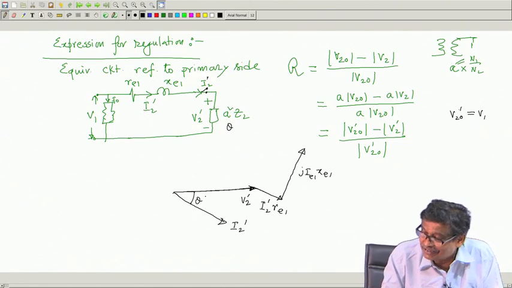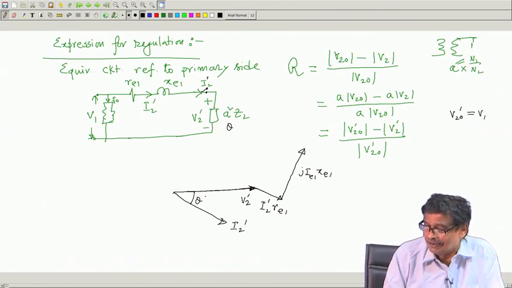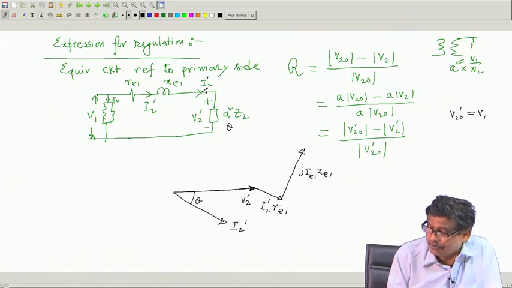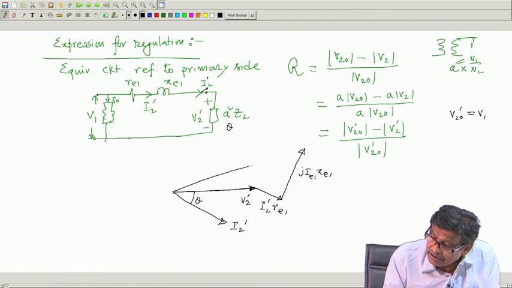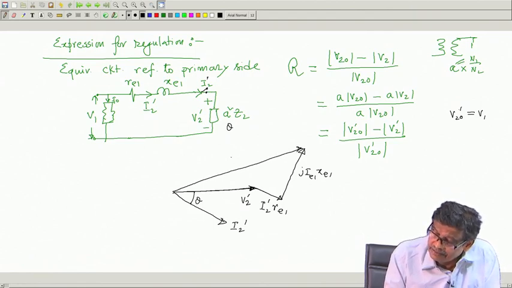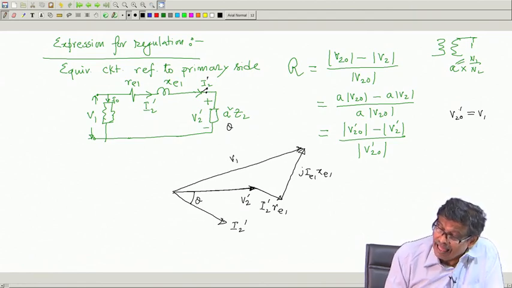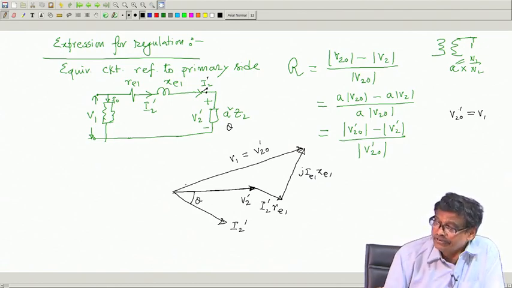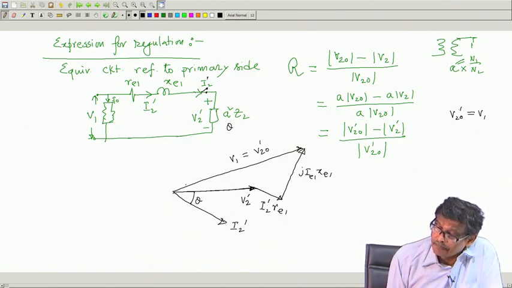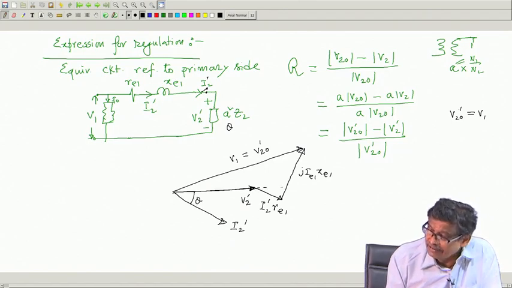If this is V2 dashed, there will be some geometrical thing I have to show, that is why I am drawing in a larger scale. And this will be how much? This is V1, and this V1 is nothing but V2 dashed at no load. You must understand this point. So, this angle is theta.